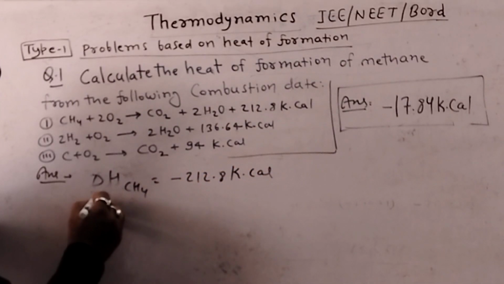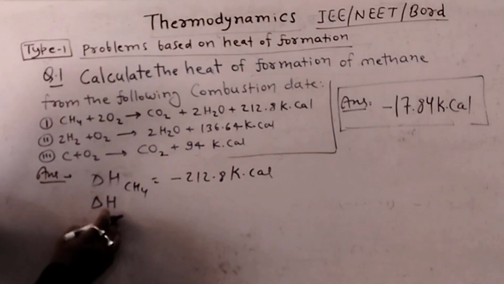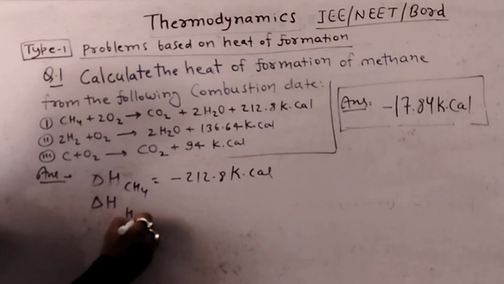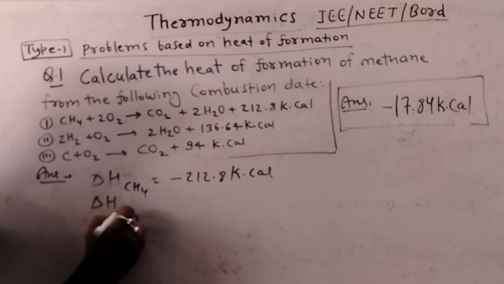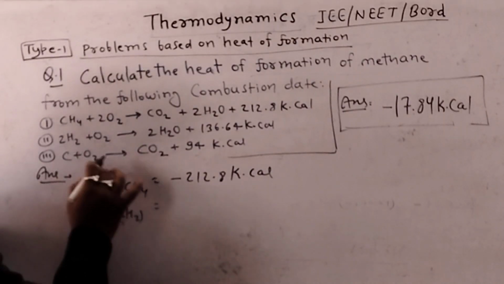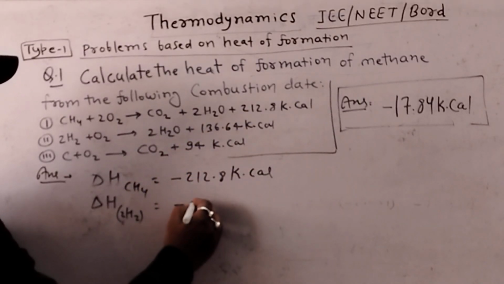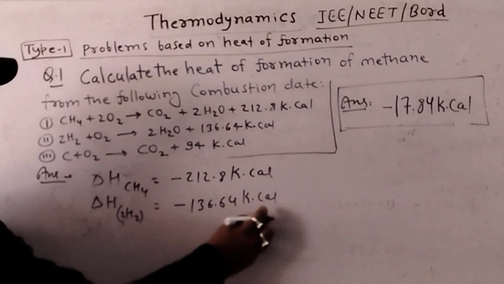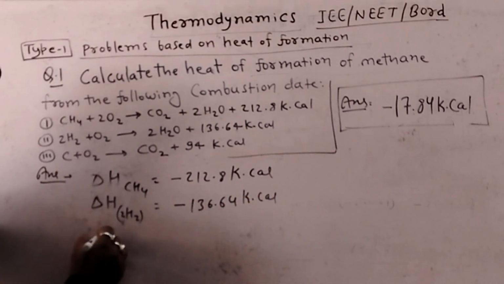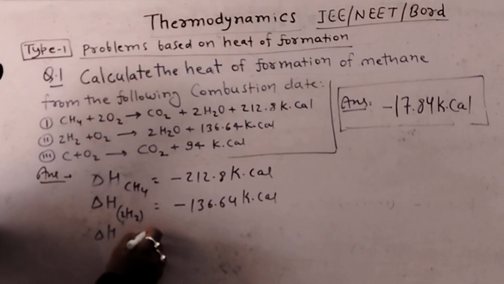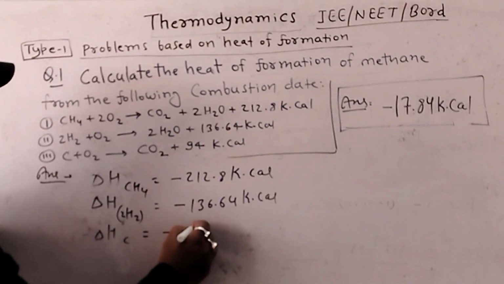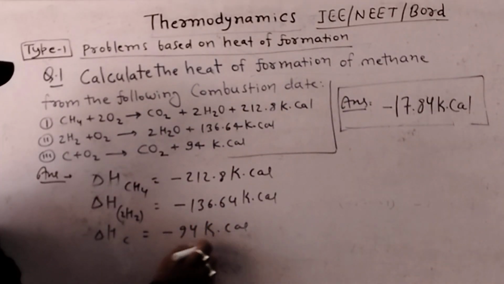Now the value of delta H for 2H2 we can write again as minus 136.64 kilocalorie, and the value of delta H for 1 mole of carbon combustion is minus 94 kilocalorie.